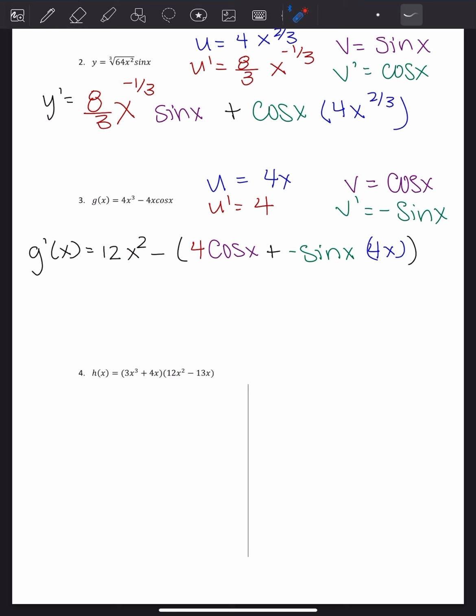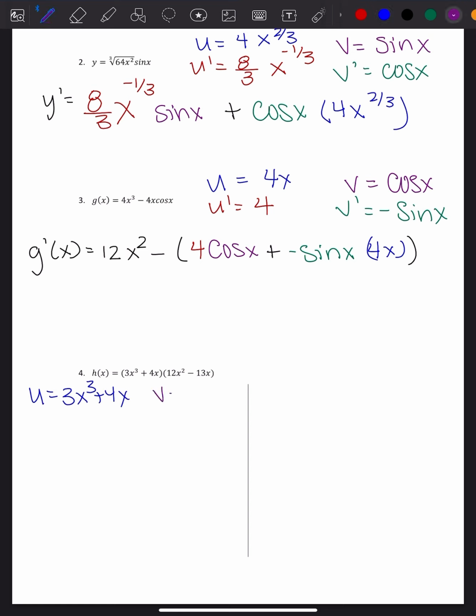Okay, so this last one, we have two different ways that we could write this problem. It's because I could change what h of x looks like, or I can just use product rule. So we're going to do product rule first, since that's what we're working on. So we need a u, we need a v. So u in this case is going to be 3x cubed plus 4x.